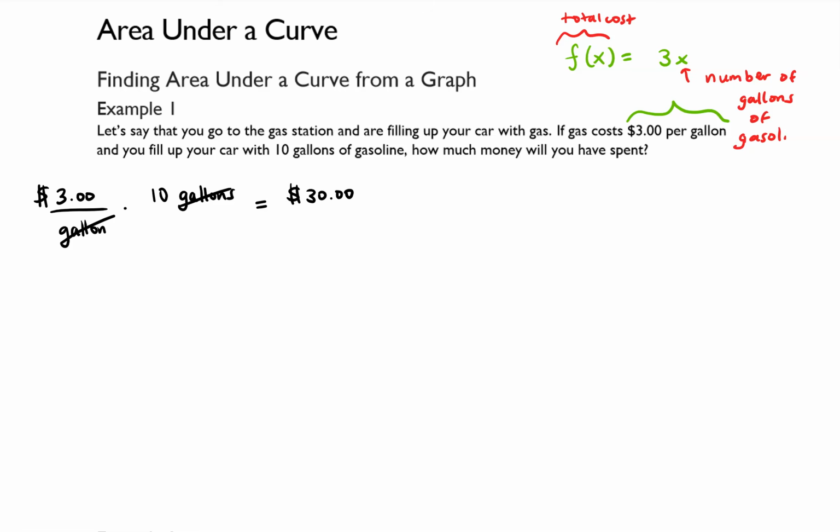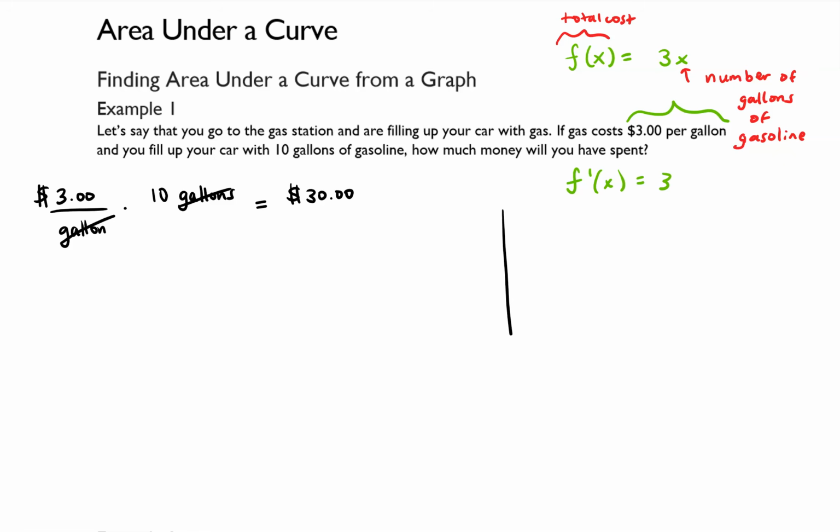And so now, you can plug in any value for x, and we'll get the total cost as the output of that function. And if we were to take the derivative of that function, the derivative is a constant. And so that's the rate at which the cost is changing.